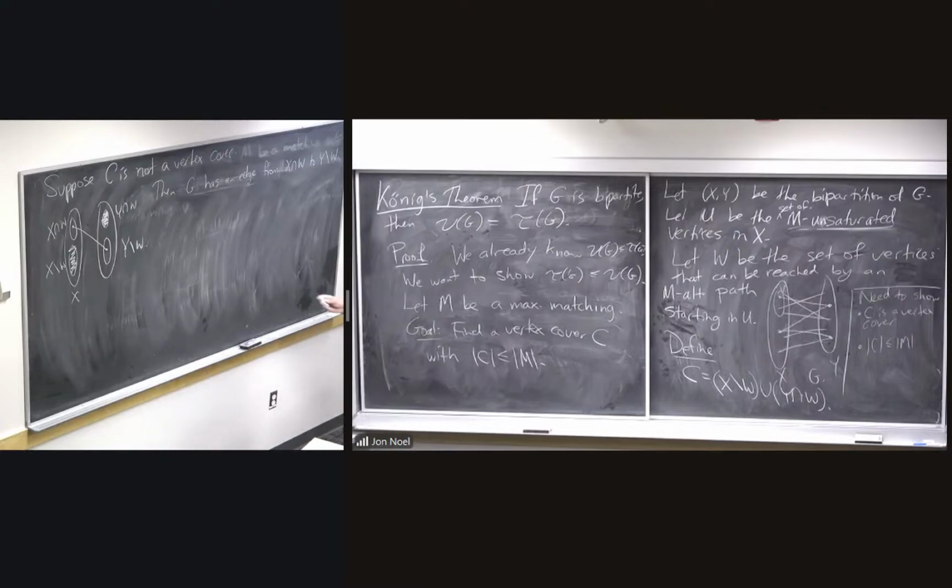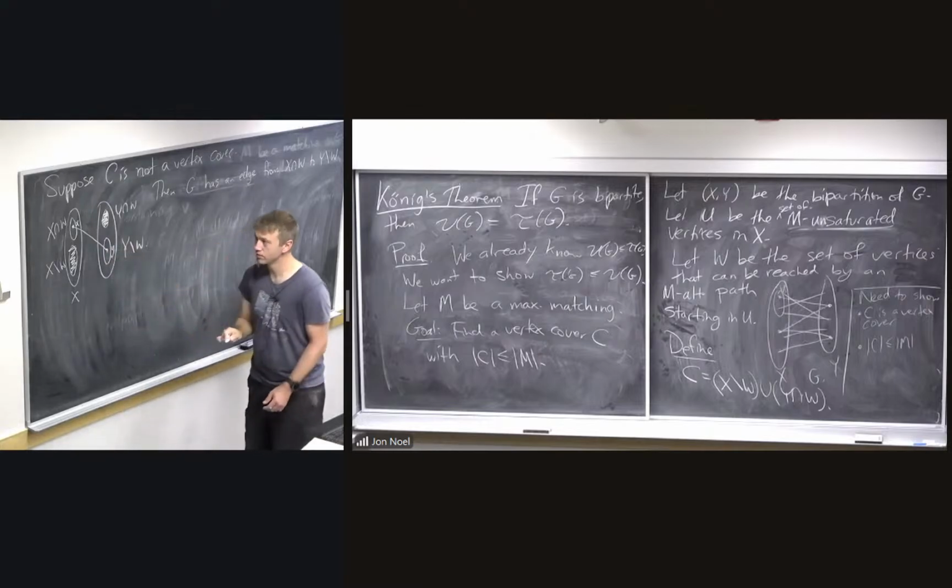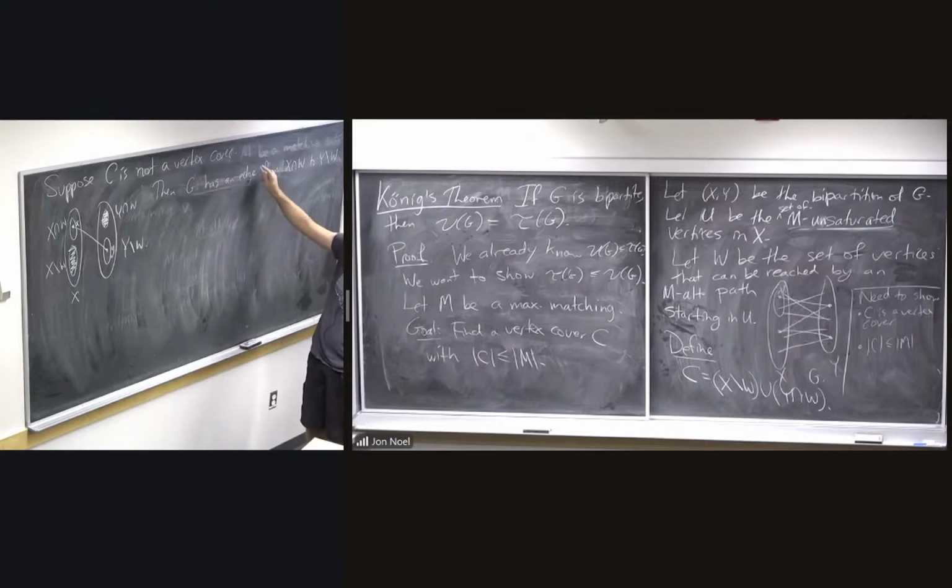Let's say I call this vertex x and this one y. So x, y. Why can't this edge exist?